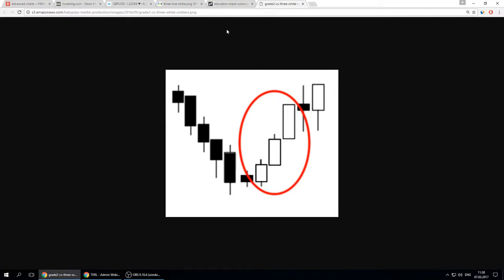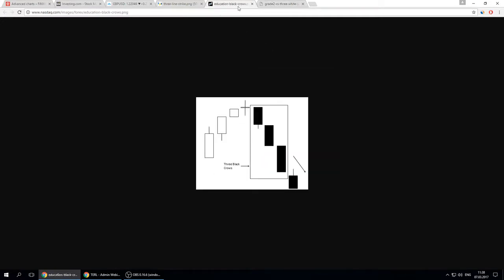So these are the two patterns that look alike, but they show us different changes. The 3 black crows show us that the uptrend has finished, and the price can start going down. It can show us the beginning of a downtrend, so it should be taken into consideration only on the top of an uptrend.